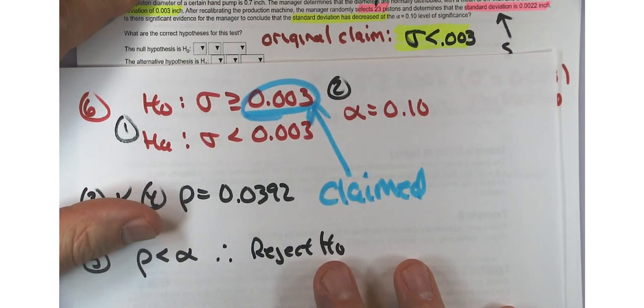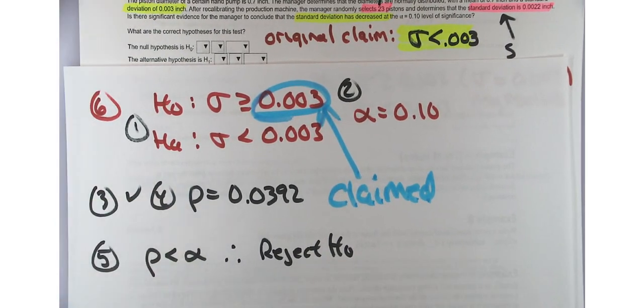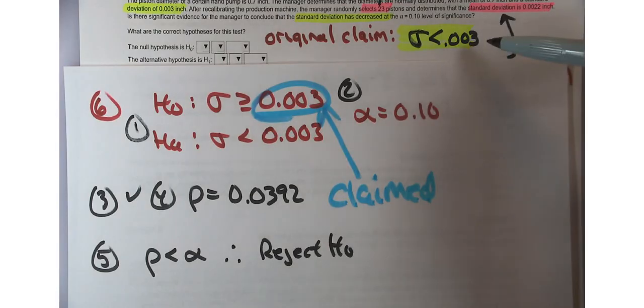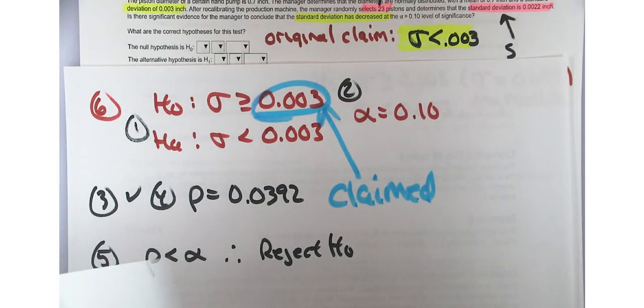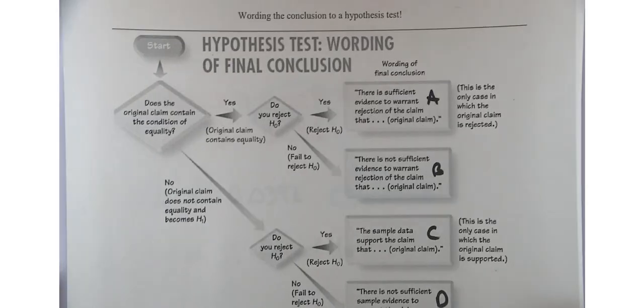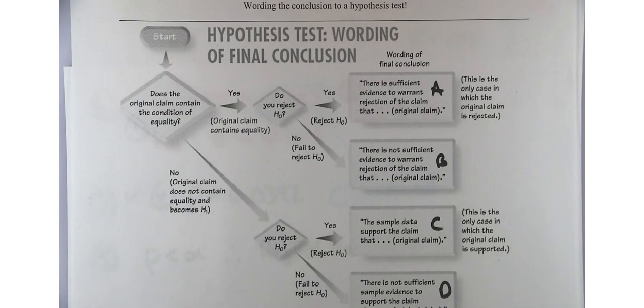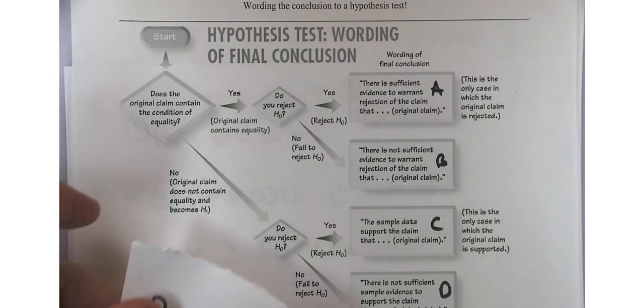Let's look back now and try and figure out how we're going to word our conclusion. This is your original claim. Sigma is less than 0.003. Work it through. See if you can't figure out which one of these we're going to use.